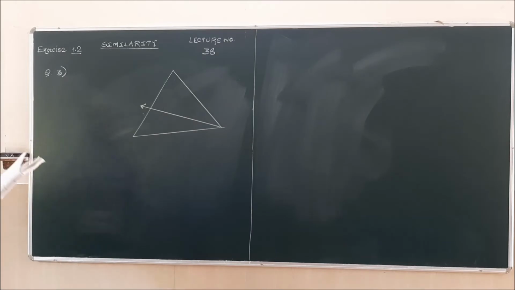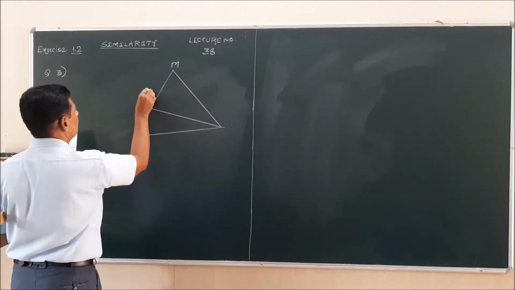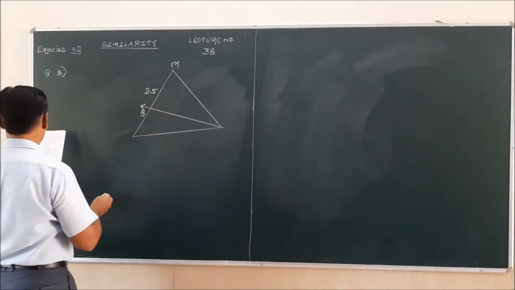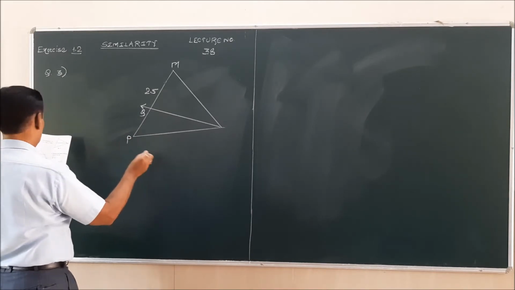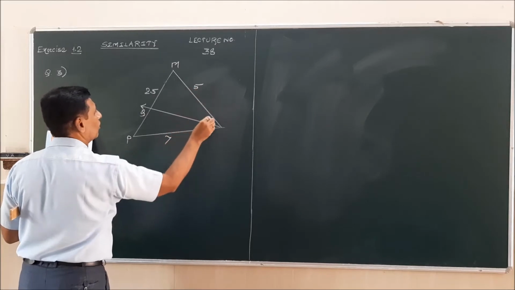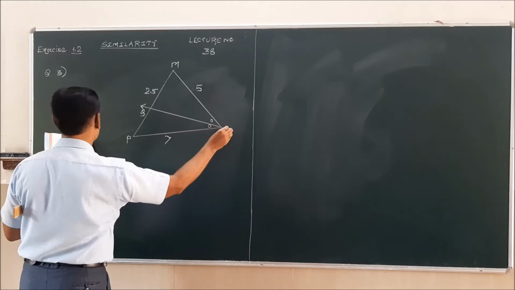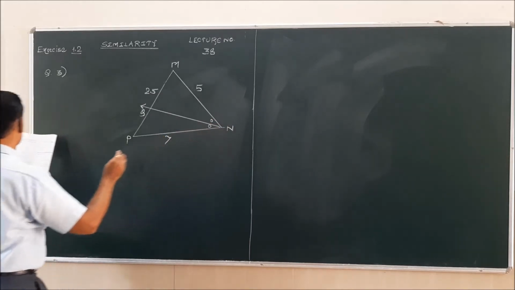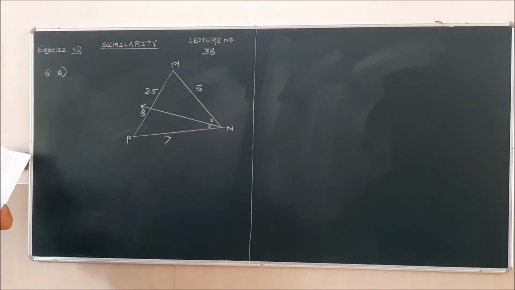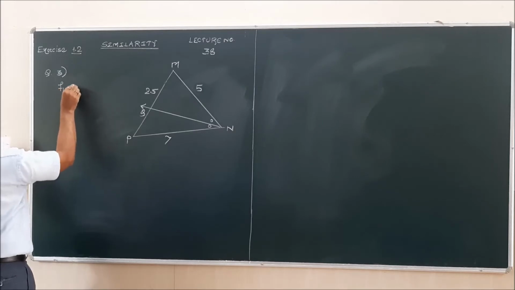Let's see what is given in the question. So you will find that NQ is 2.5, while QP we don't know. This is 7, this is 5. Identical marks are given here. We are asked to find QP.